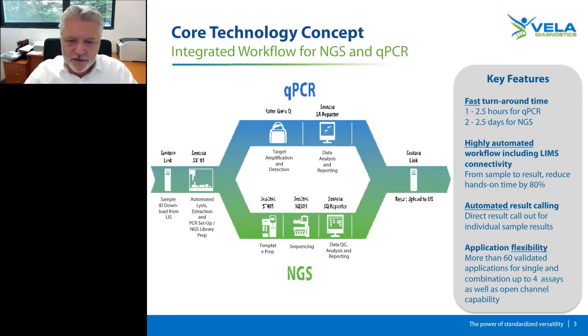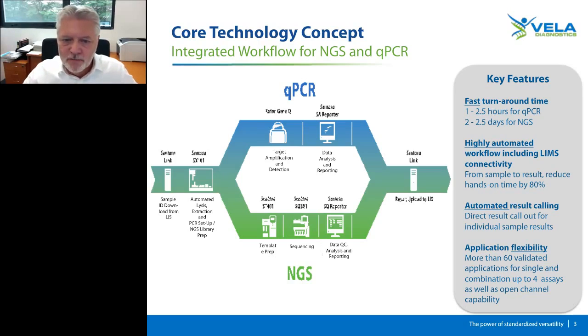After the assay has been completed, there will be a reporting system which is specific for these two pathways, and the software which is related to it has been developed by Vela itself, so it's proprietary software. In the end, the data generated can be linked to local laboratory information systems according to the laboratory of choice.